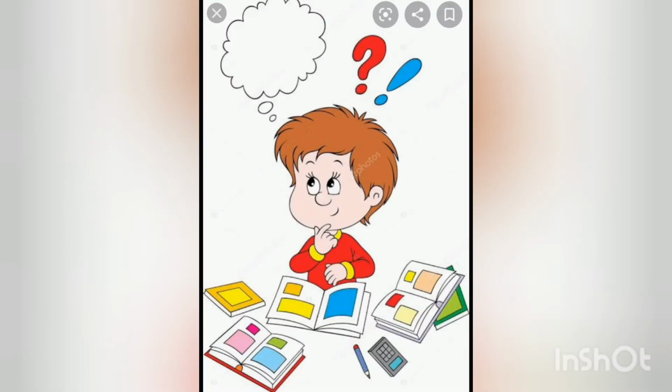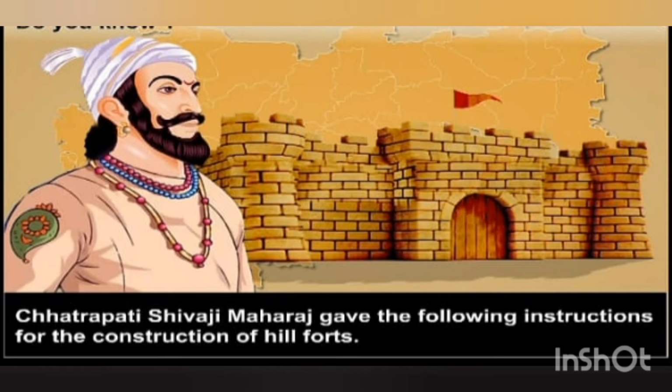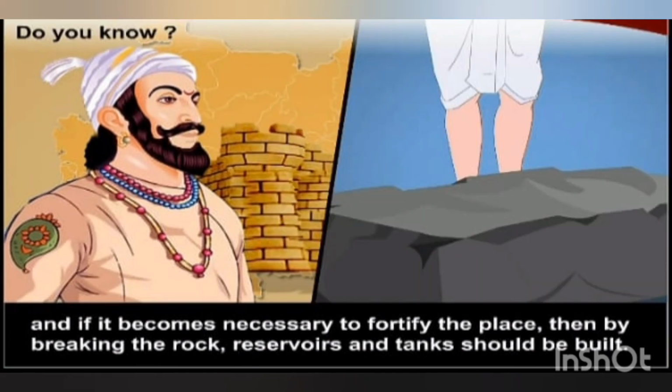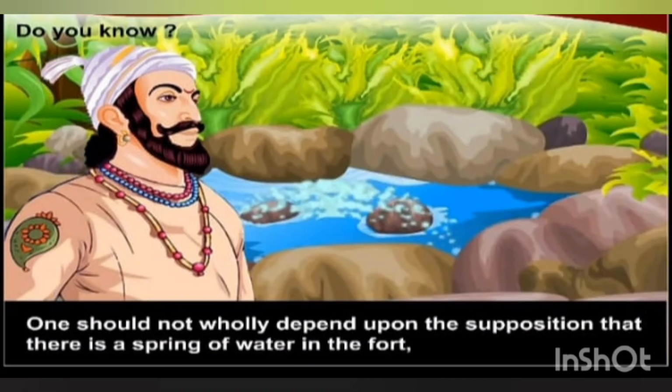Do you know? Chhatrapati Shivaji Maharaj gave the following instruction for the construction of hill forts. A fort should be built after finding out if there is water in the place. If there is no water and if it becomes necessary to fortify the place, fortify means protect the place, then by breaking the rock, reservoirs and tanks should be built.